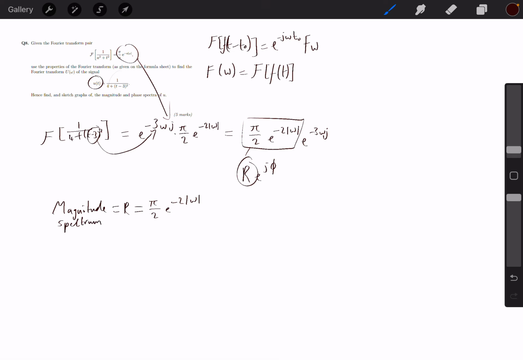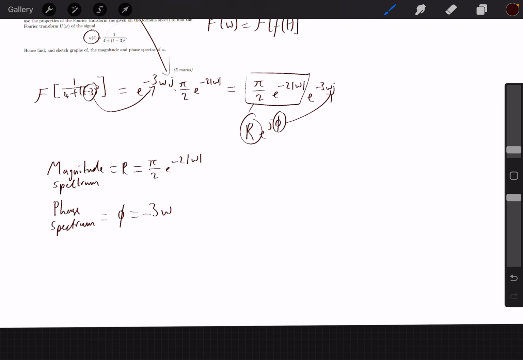And then we have the phase spectrum, which, as we can see, is this, and we see it here. So it is negative 3W.